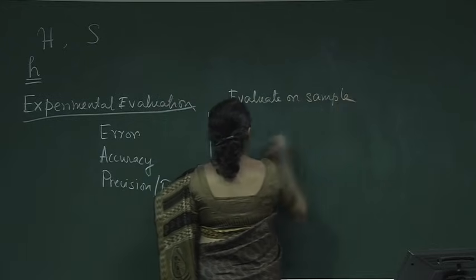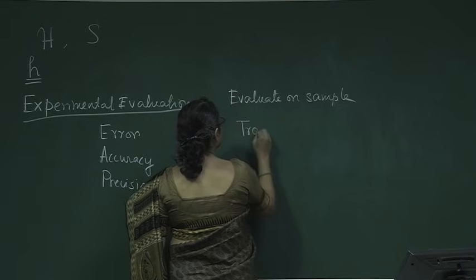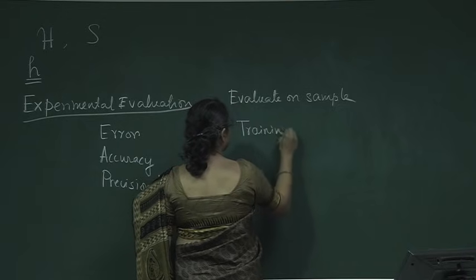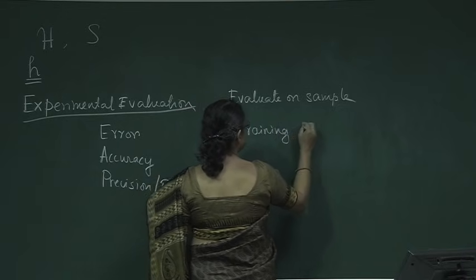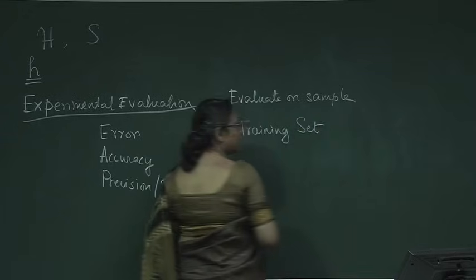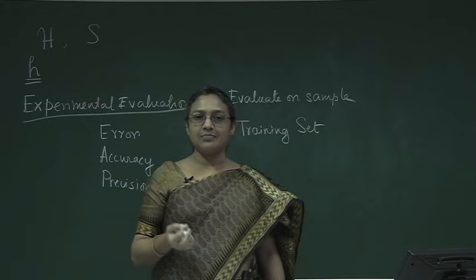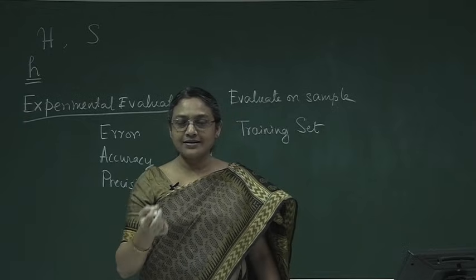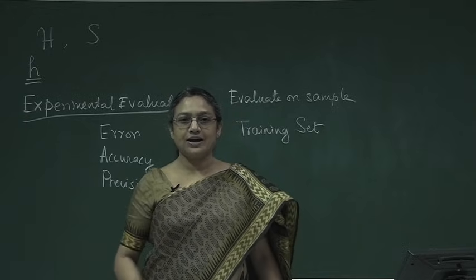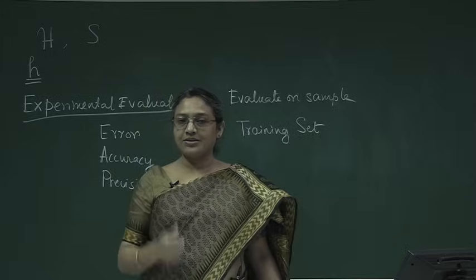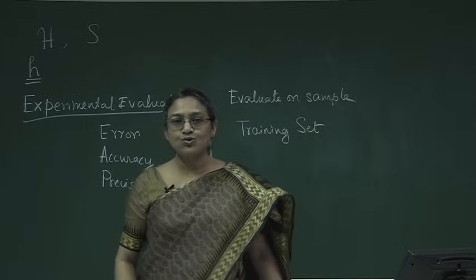So, you can evaluate the error or other parameters on the training set, but since you are using the training set to come up with the hypothesis, the error or accuracy that you get on the training set may not be a reflection of the true error.